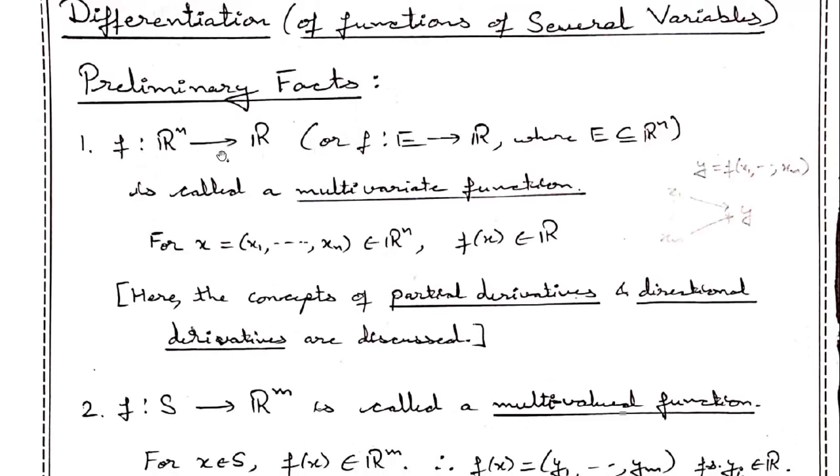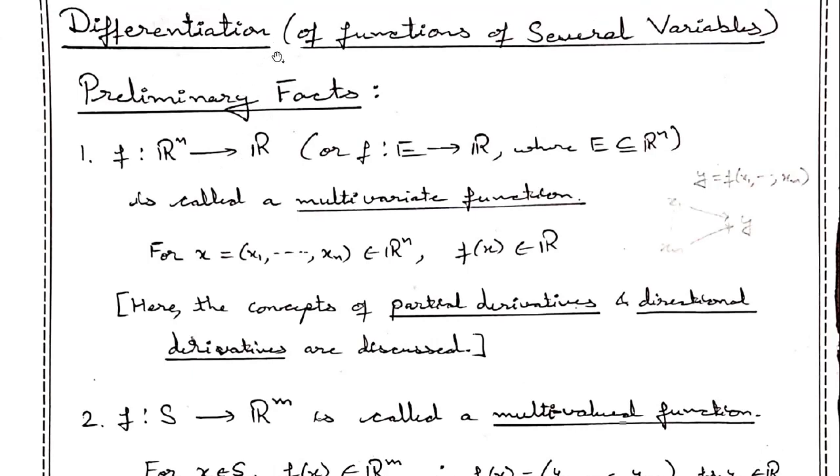Now, I am considering one generalization of differentiation, when first we consider a function from R to R, or a subset of R to R. The next generalization, which students generally learn as partial derivative or directional derivative, comes from a function from Rn to R, or a subset of Rn to R. Then we have a point in the domain x = (x1, ..., xn) belonging to E, a subset of Rn, and therefore it has components x1 up to xn.